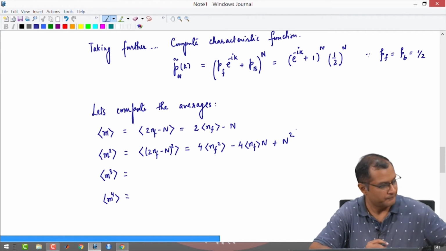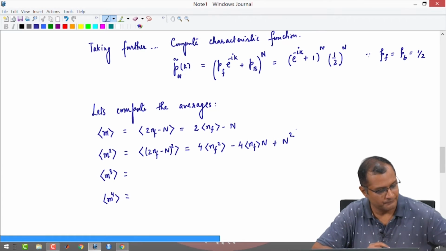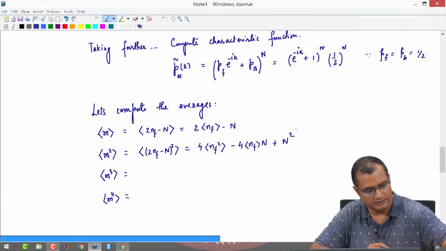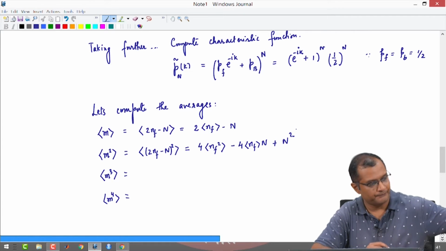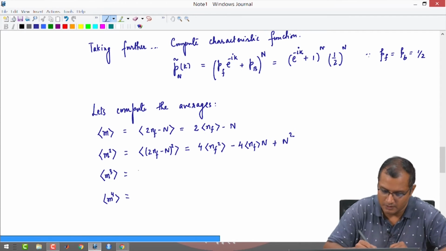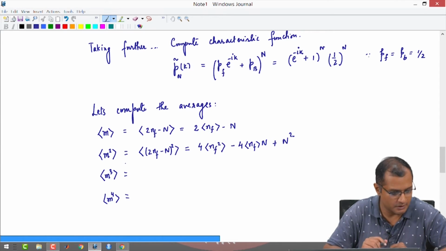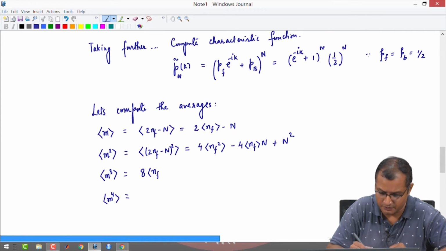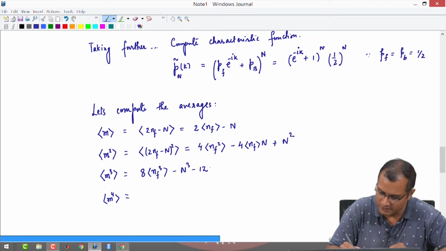And similarly, you can compute the other moments. I am just writing it down from my notes, but you can consult it, and you can compute them on your own and verify that this is correct. Okay. So, let me just write down the values directly, you can compute them by yourself.